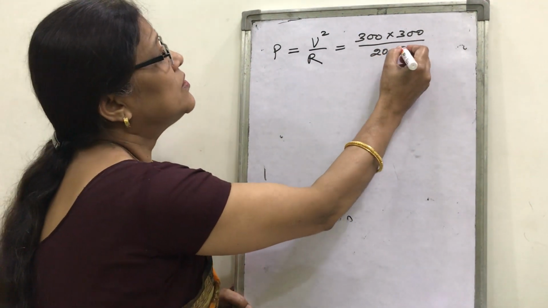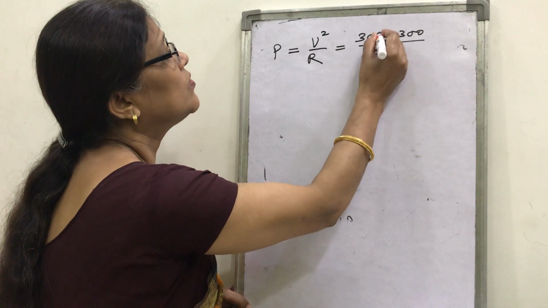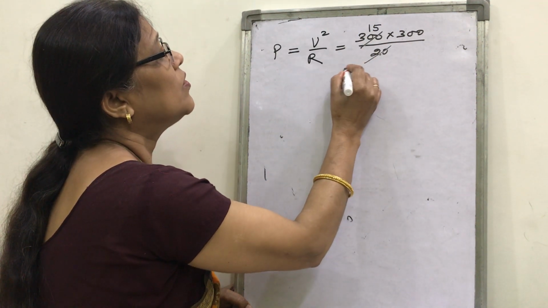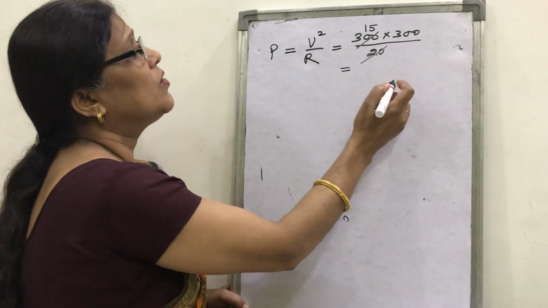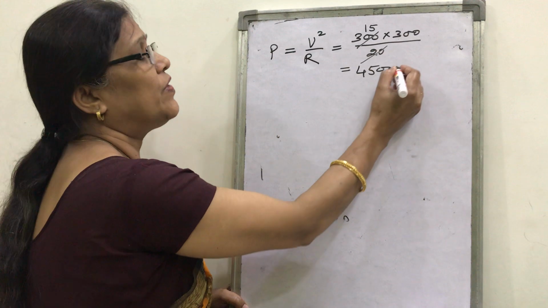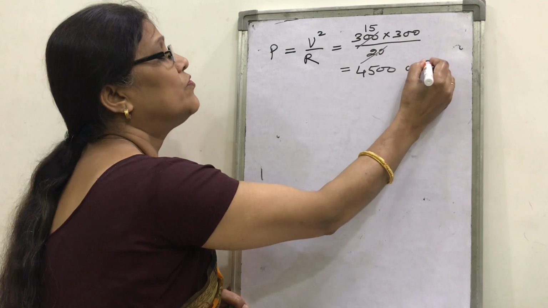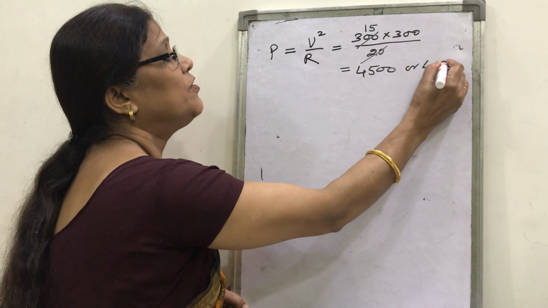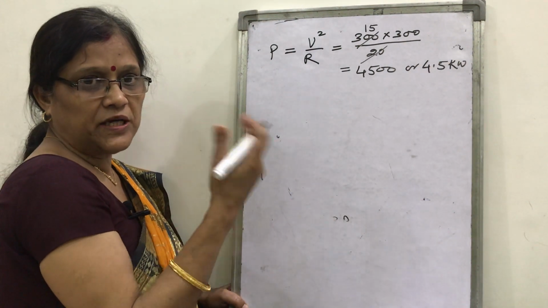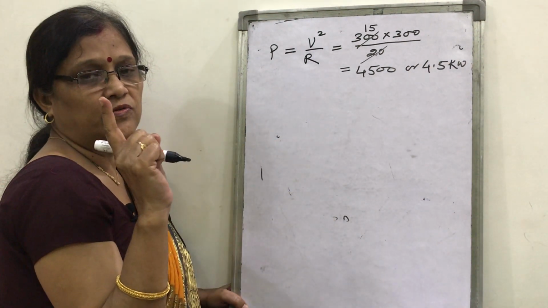So this will be 4500 watt, or 4.5 kilowatt. But the maximum power rating was 1 kilowatt.